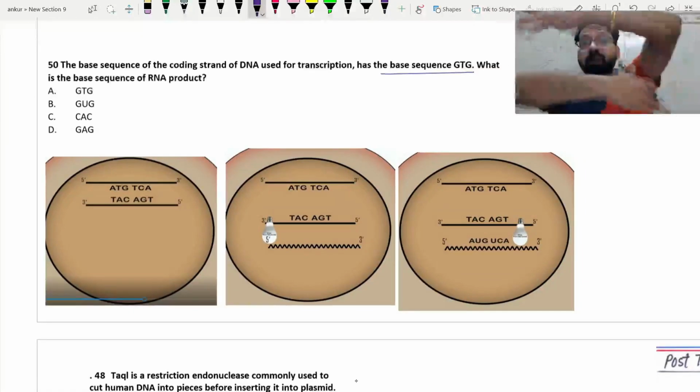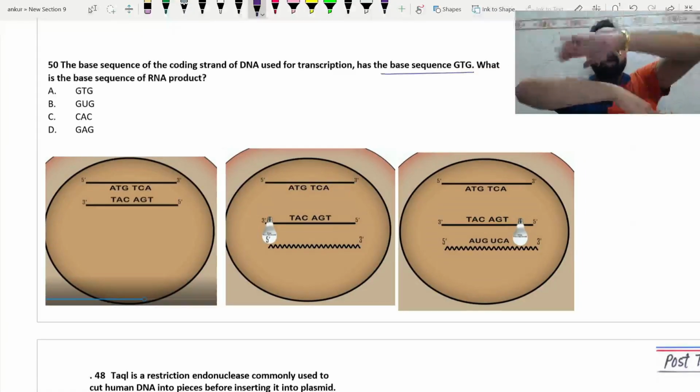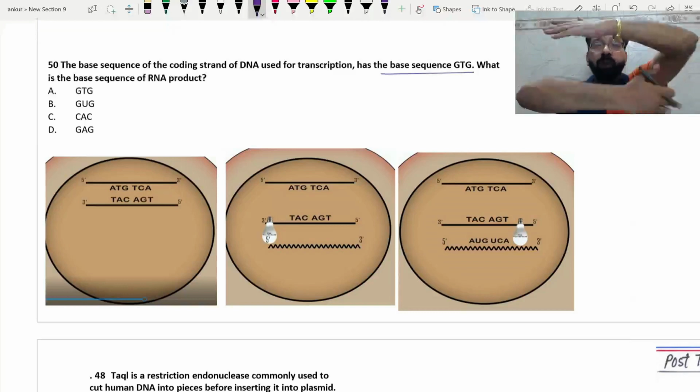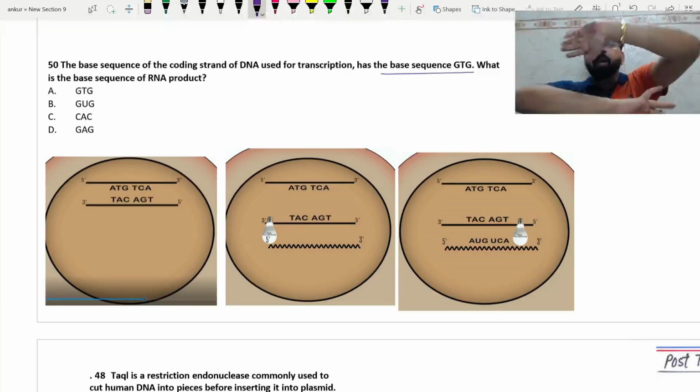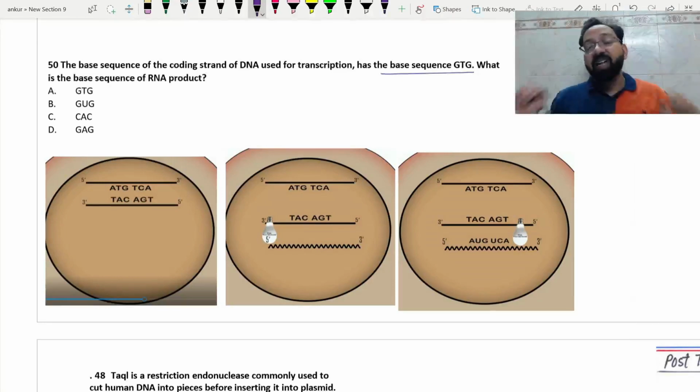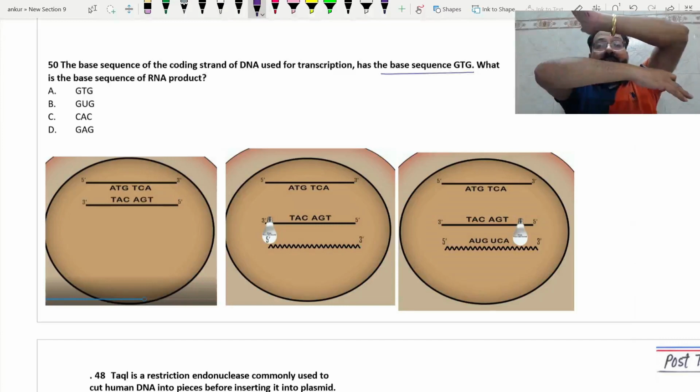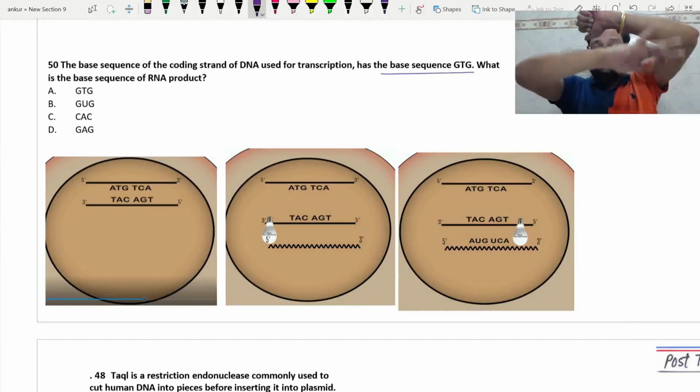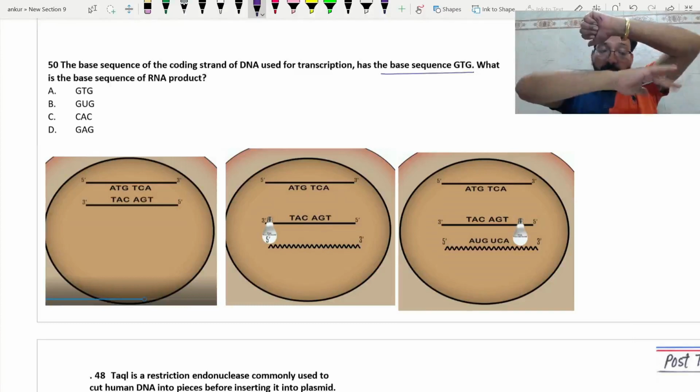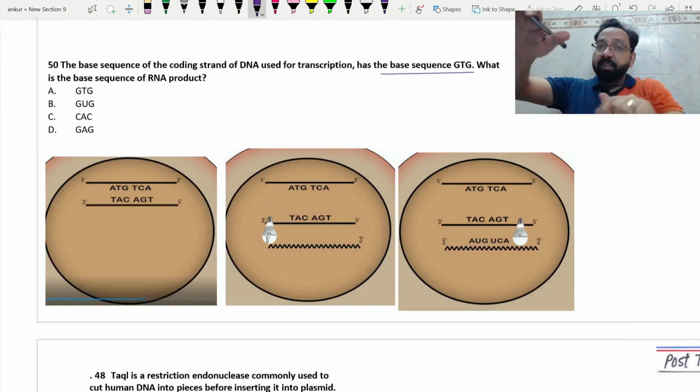Now, the base sequence of the coding strand of DNA used for transcription has base sequence GTG. Look at me, this is double stranded DNA. The upper strand is, suppose, the coding strand, the lower strand is the template strand. The template strand will separate and synthesize messenger RNA.